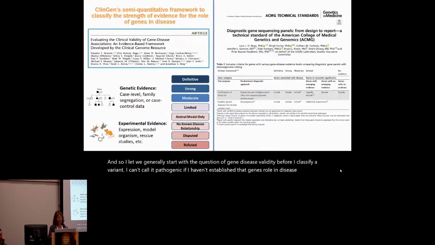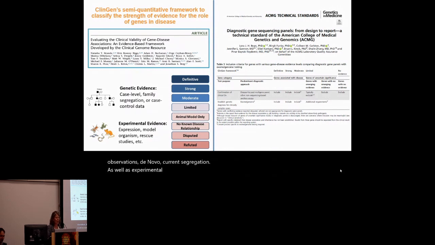We developed a semi-quantitative framework in ClinGen a number of years ago that assesses the evidence across different types of evidence: genetic evidence, case observations, de novo occurrence, segregation, as well as experimental evidence, animal models, expression, rescue, things like that.